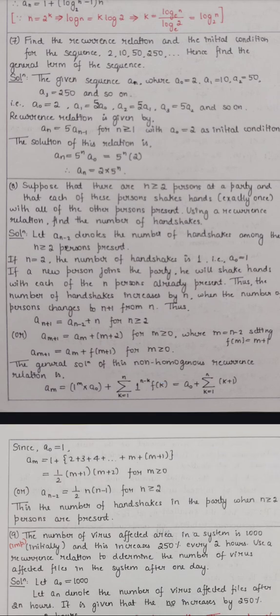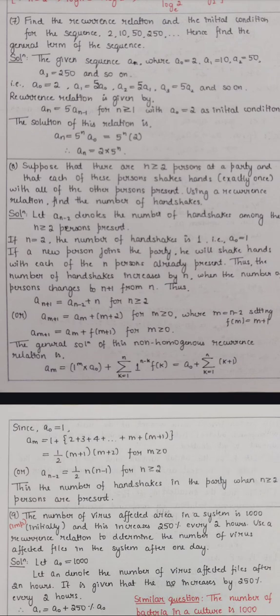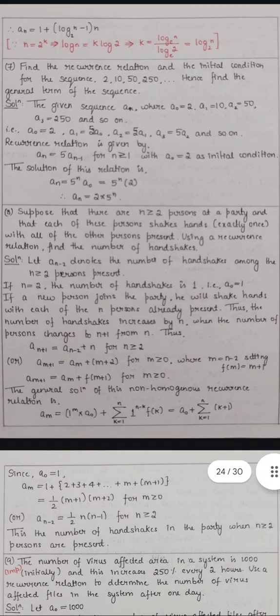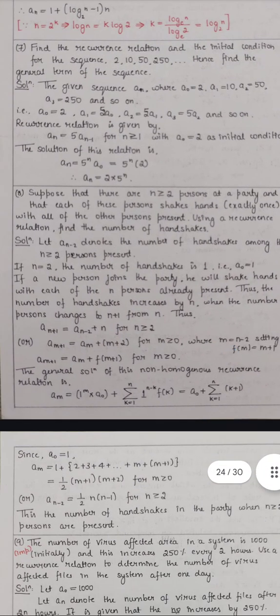So the recurrence relation is an = 5an-1 for all n greater than or equal to 1, with a0 = 2 as the initial condition. The solution is an = 5 power n into a0, that is, an = 5 power n into 2.